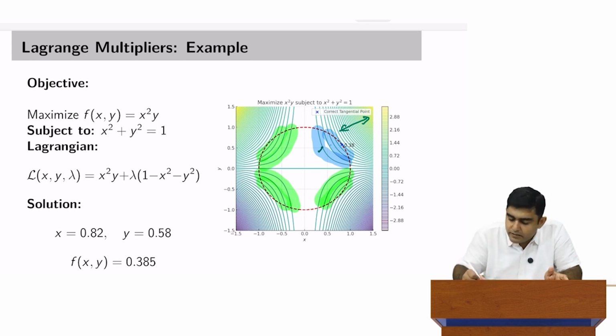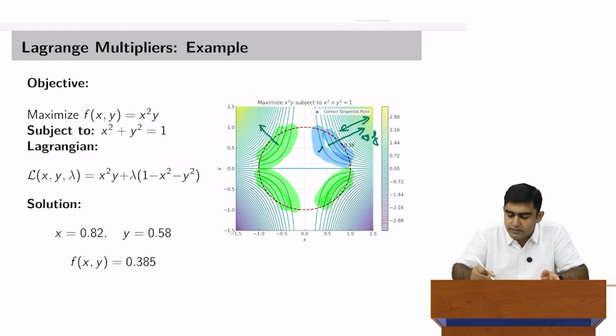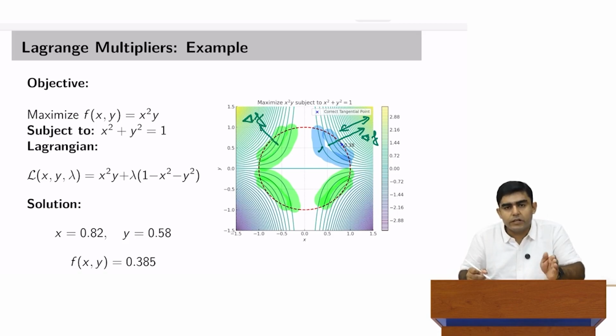One thing is clear, that our function is increasing in this direction, and gradient points in the direction of fastest increase. So, this is also increasing in this direction. Again, this is the direction of fastest increase, that if I have to increase the value of my objective function, I should start walking in this direction because that is the direction of the gradient, and we represent this by del of f, or partial derivative of f with respect to x, partial derivative of f with respect to y, and its collection will become the gradient vector of f itself.